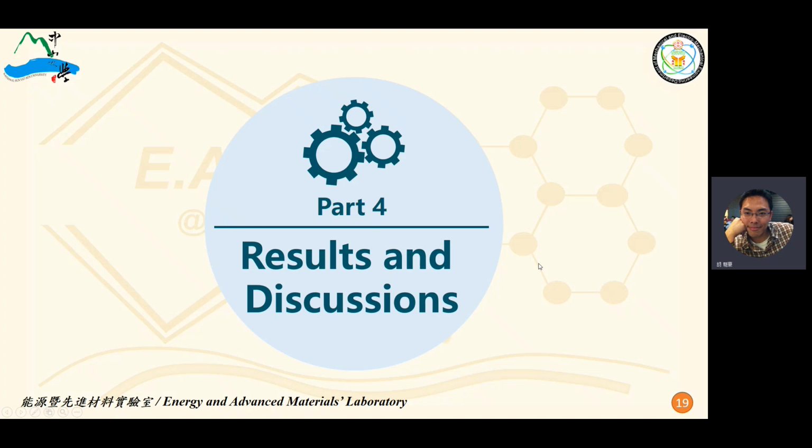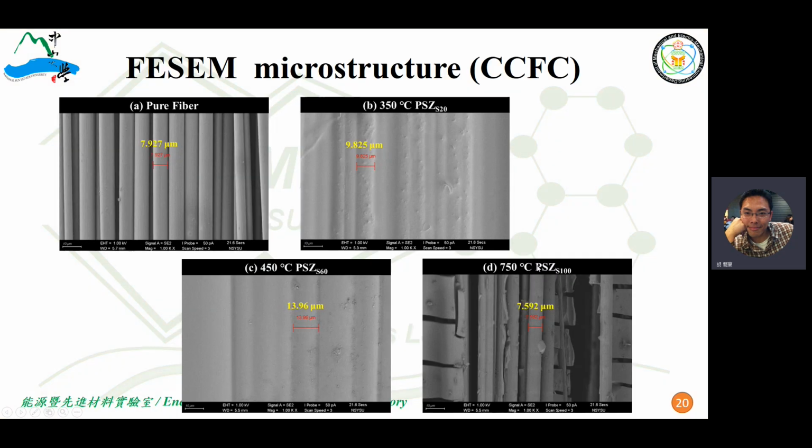Okay, let's look at the results. What results do we have? First, this is the SEM image of the ceramic-coated carbon fiber. Figure A shows the pure fiber, and its diameter is about 8 micron.